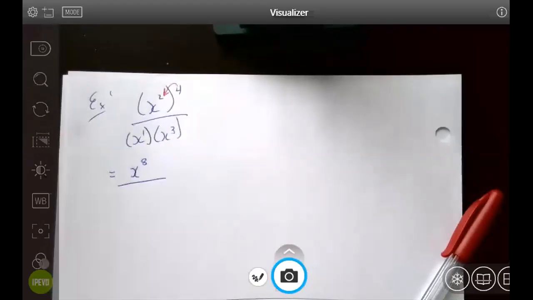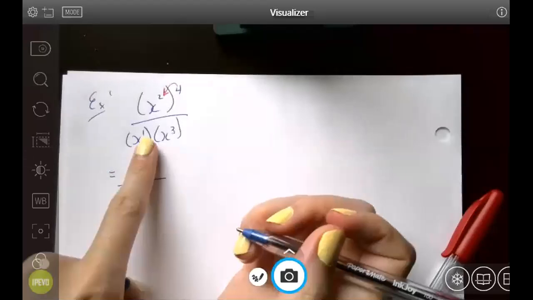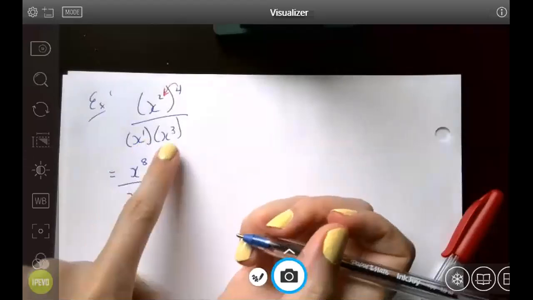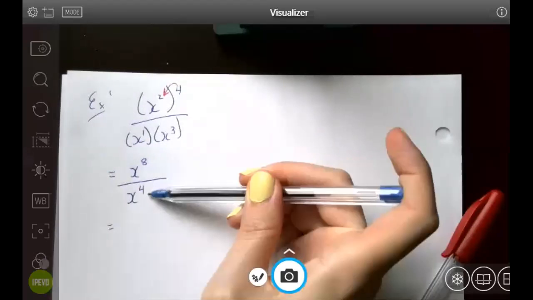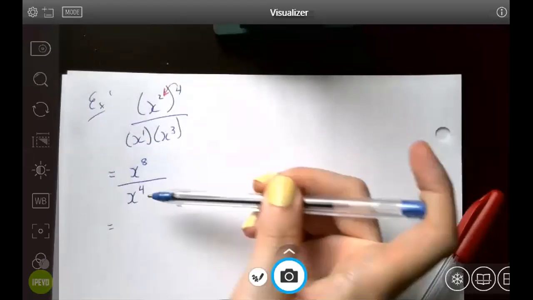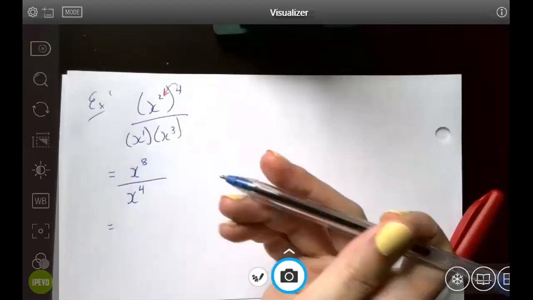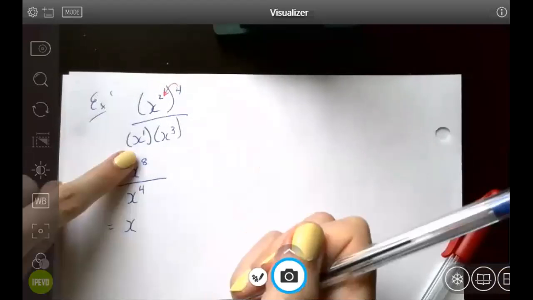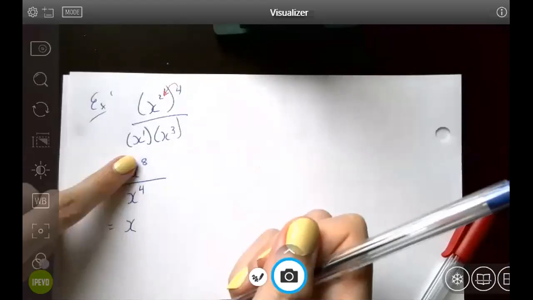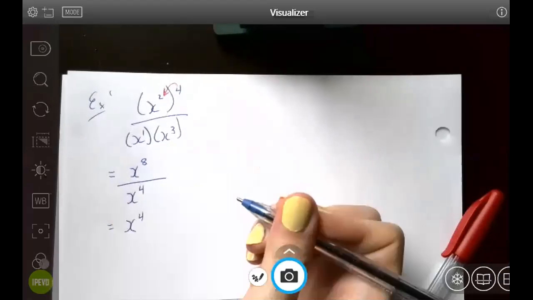So on the bottom, I'm going to have x to the power of 4, since it's 1 plus 3. And then my last step is to deal with this division that is taking place here. So x to the power of 8 divided by x to the power of 4. And when we have that, we just keep our base and we subtract the exponents. So 8 minus 4 is, of course, 4. And that would be my final answer.